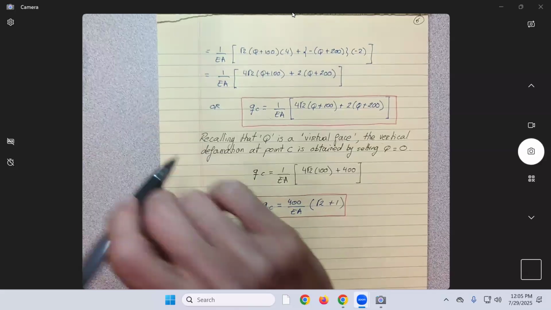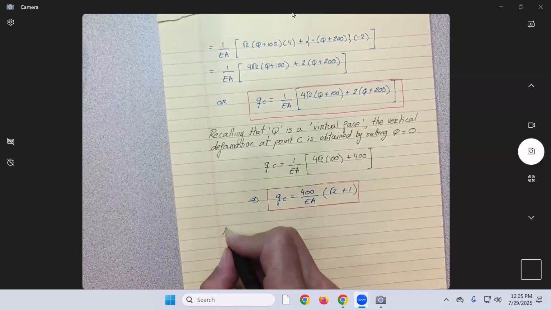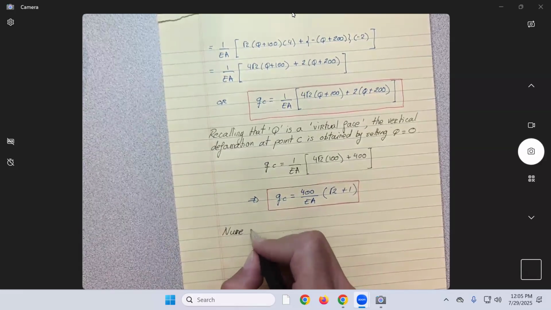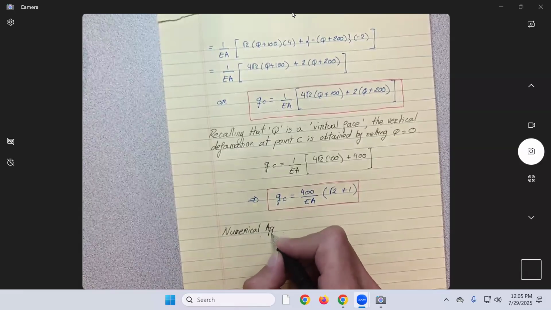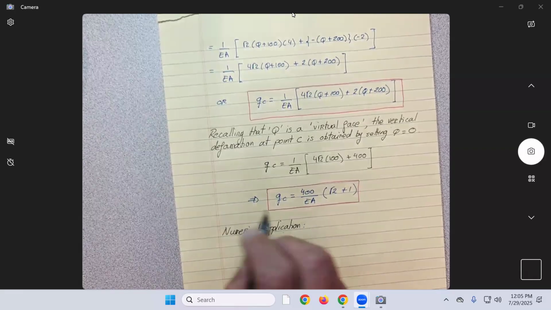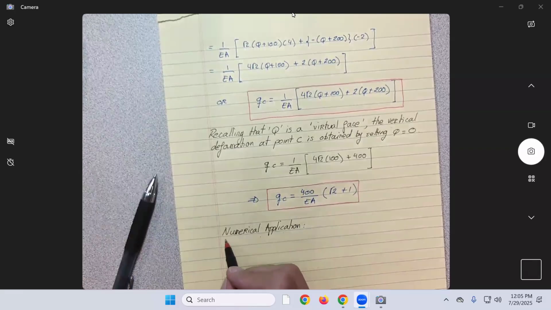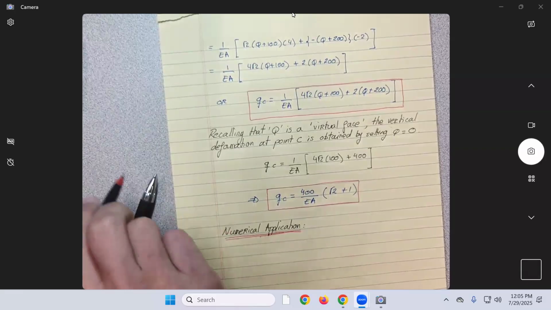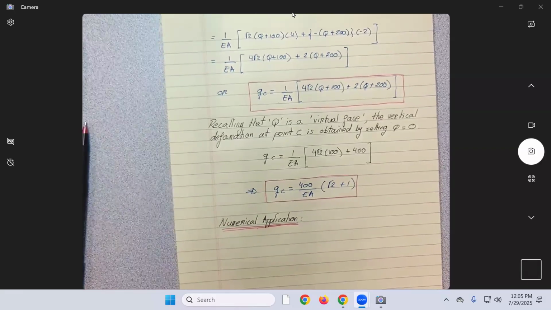Okay, so let us do now the numerical application. All right, so here we go. E, was it given at the beginning?